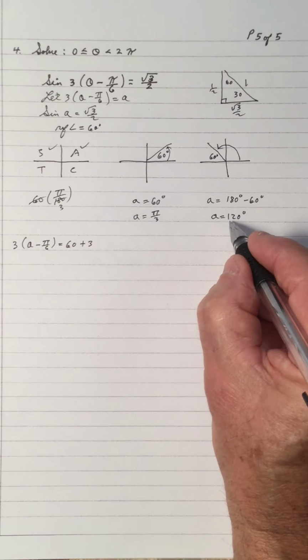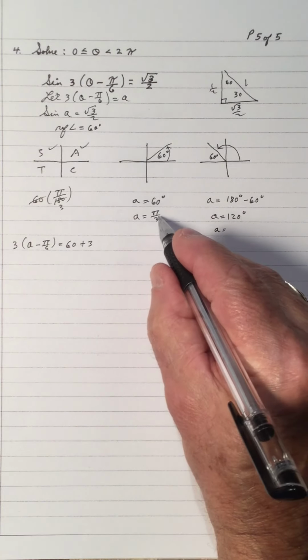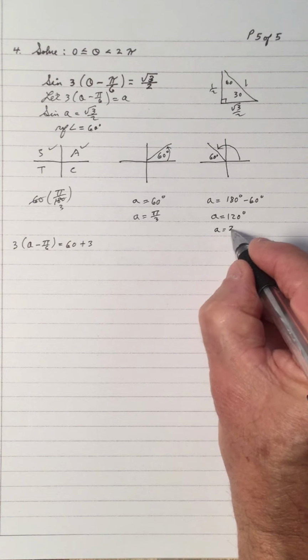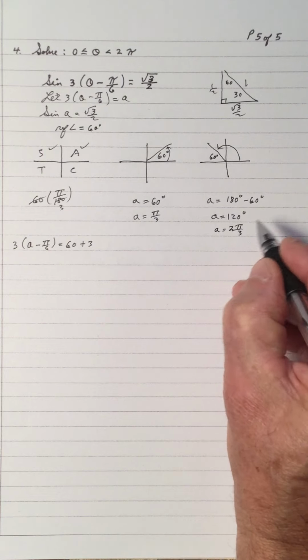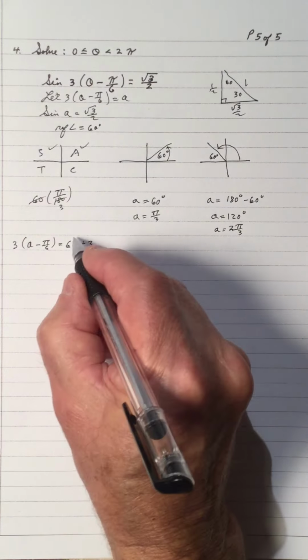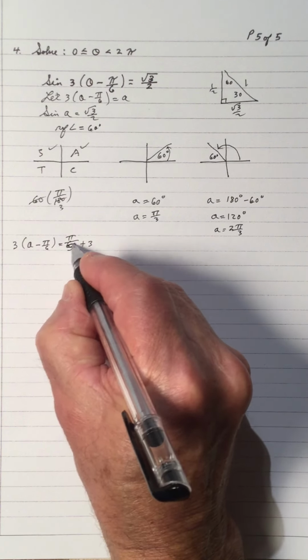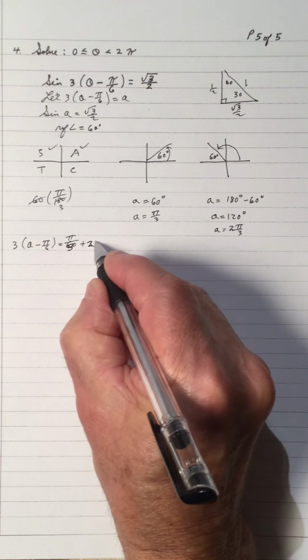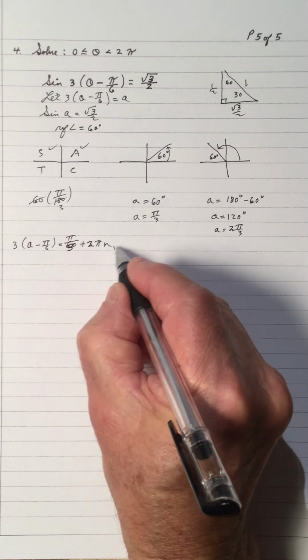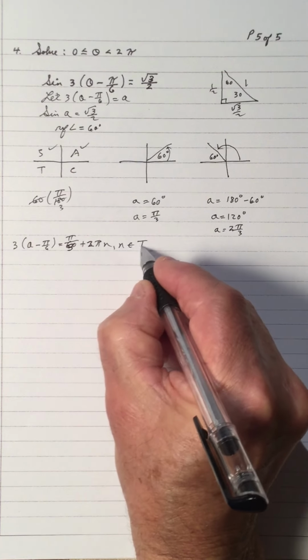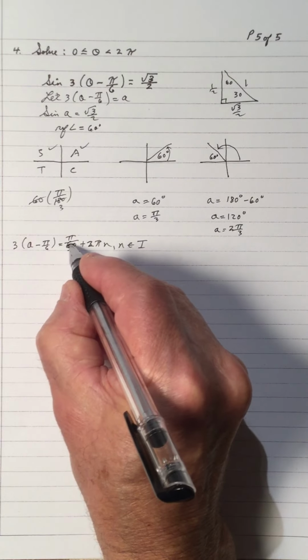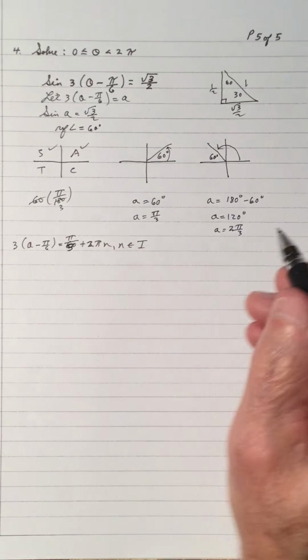And 120 is 2 pi over 3. We want a radian, so we have to put in pi over 3 here. That's pi over 3, in terms of radians. I almost did it in degrees.